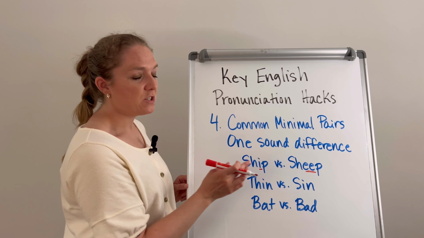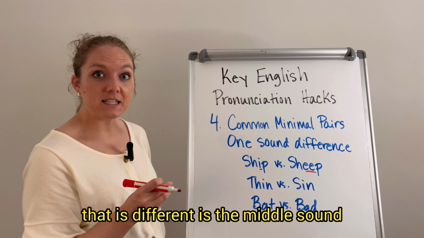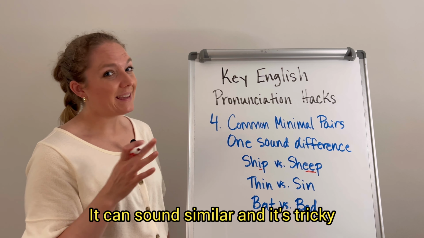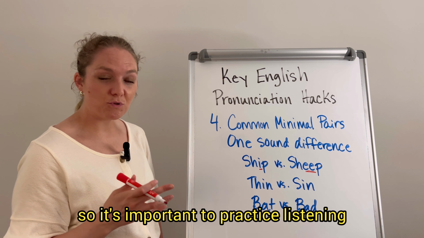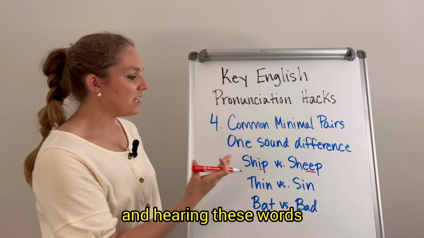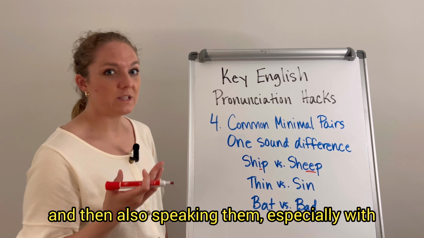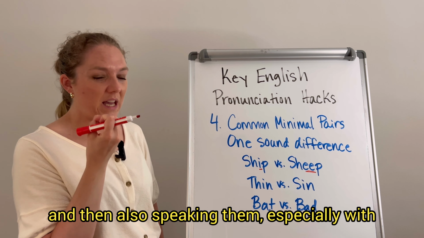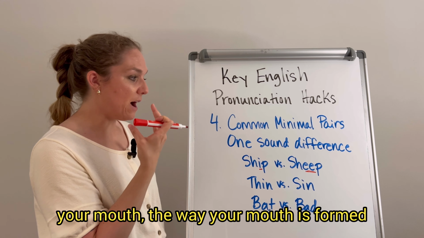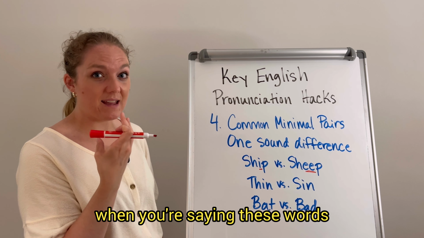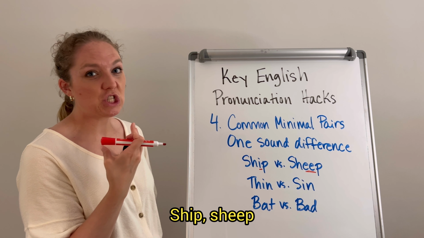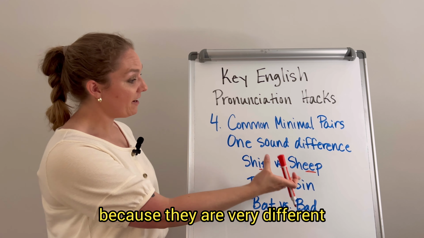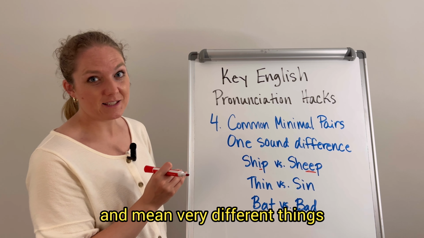It can sound similar and it's tricky, so it's important to practice listening and hearing these words and then also speaking them, especially the way your mouth is formed when you're saying these words. Ship, sheep, because they are very different and mean very different things.